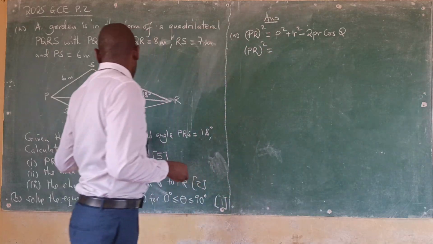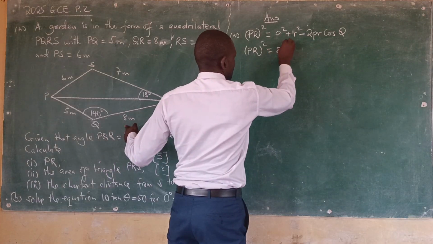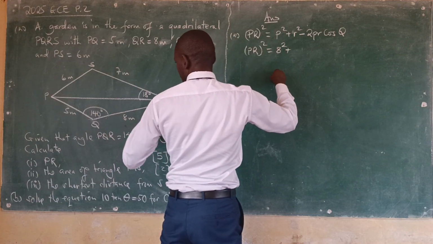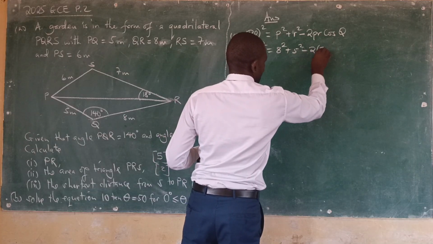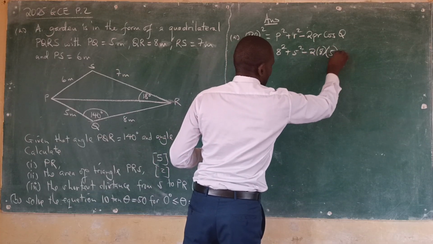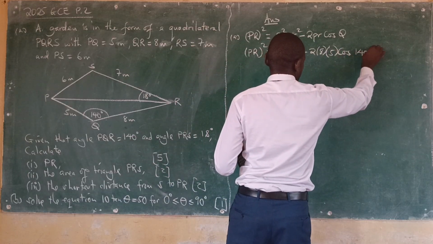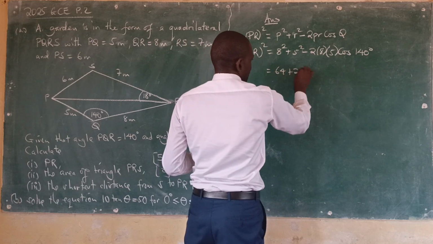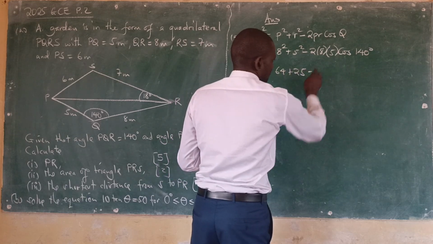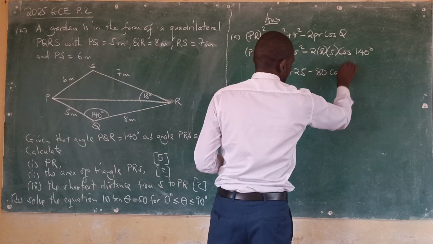So our P is simply 8. We put 8, we square, plus our R, 5, we square, 2 times 8 times 5, and then cos the angle 140 degrees. So that gives us 64 plus 25 here, and then this is 80 cos 140.